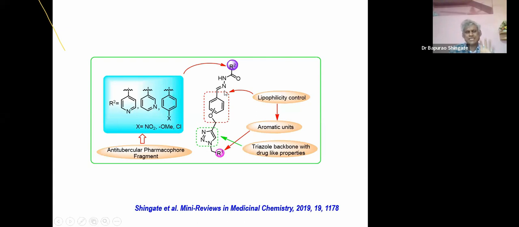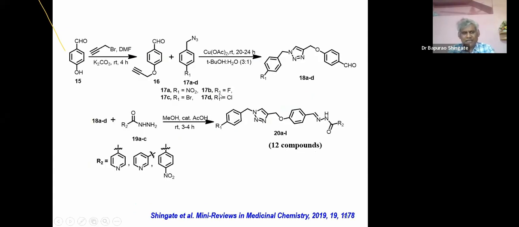Accordingly, we have designed the molecules and synthesized them very well from the commercially available para-hydroxybenzaldehyde, which on reaction with propargyl bromide under basic condition resulted in the alkylated benzaldehyde. This alkylated benzaldehyde on reaction with benzyl azides under click chemistry approach resulted in the 1,4-disubstituted 1,2,3-triazoles having the aldehyde group free.